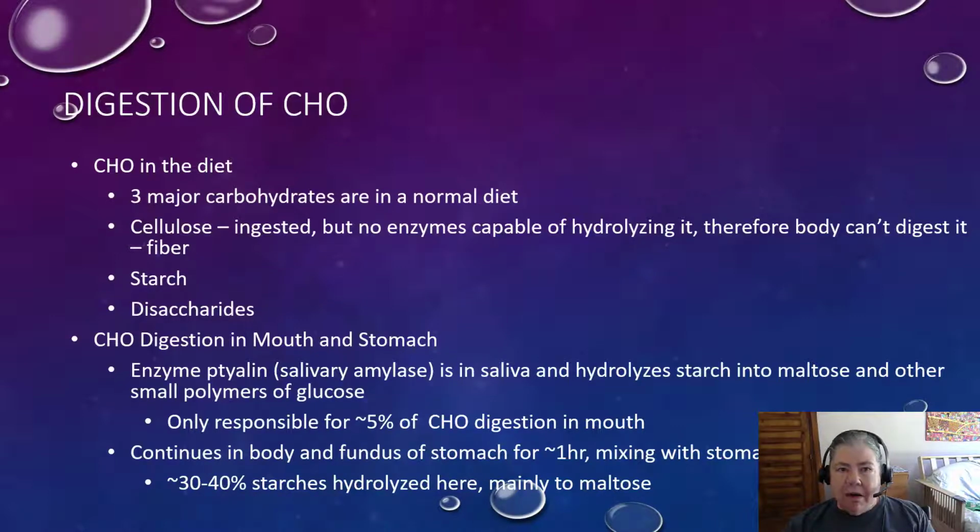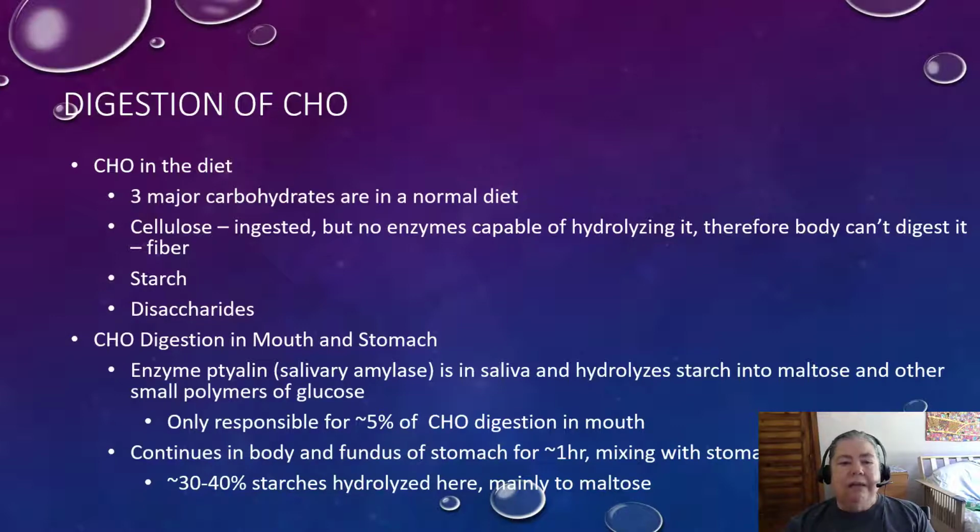The second carbohydrate is starch, which are these polymers of primarily glucose, and then disaccharides, which are things like table sugar. Carbohydrate digestion starts in the mouth and stomach. You remember I mentioned that salivary amylase, or ptyalin, is added to the masticated food in the mouth. It's from the parotid salivary glands, and it hydrolyzes some starches into maltose and other small polymers of glucose.